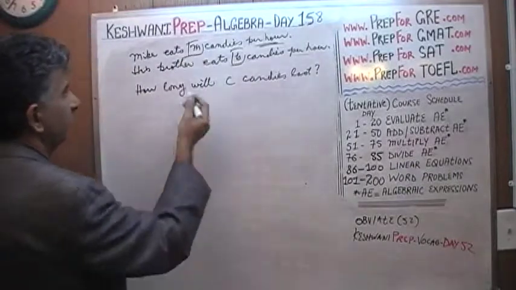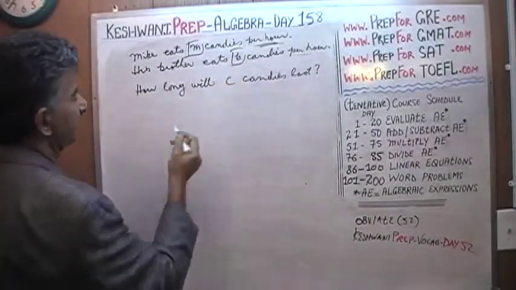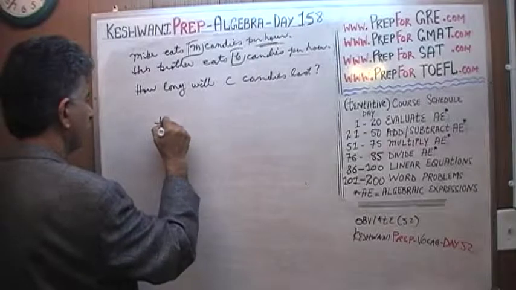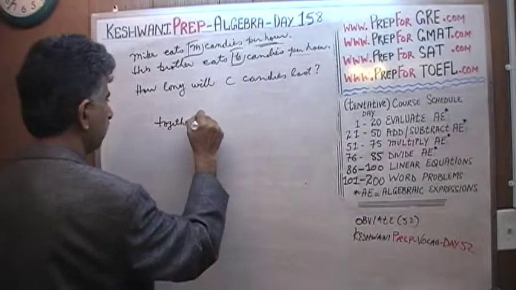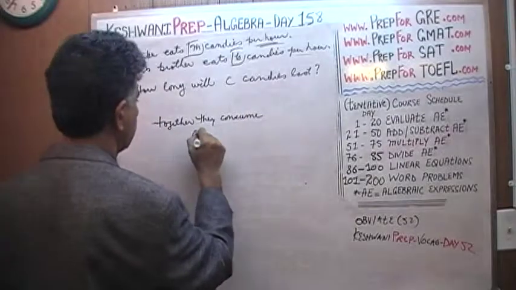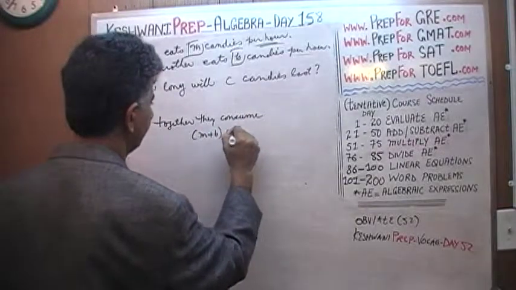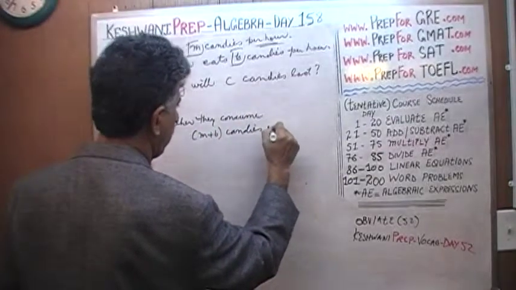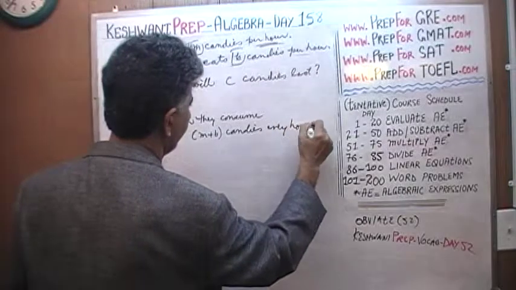If Mike eats M candies per hour and his brother eats B candies per hour, together they consume M plus B candies every hour.